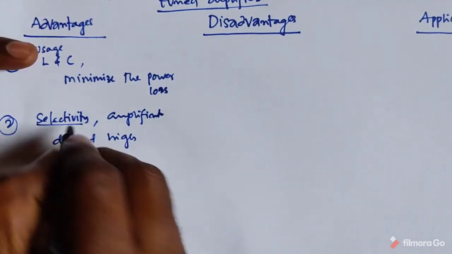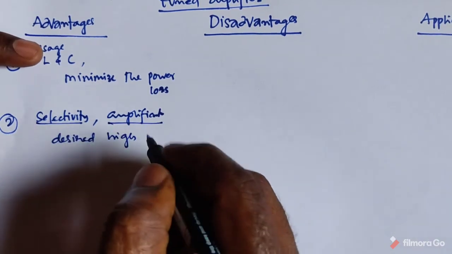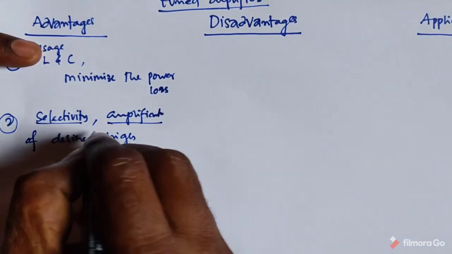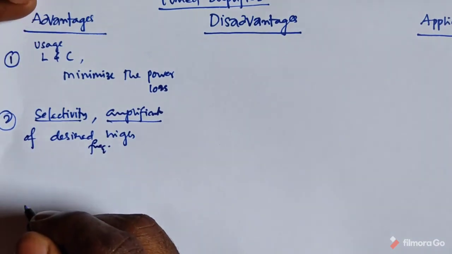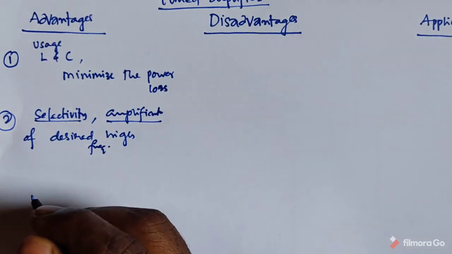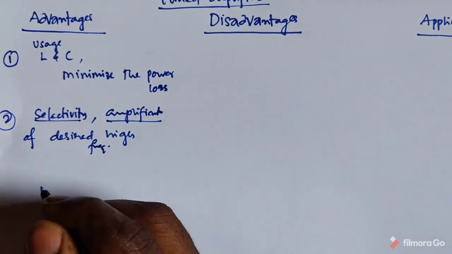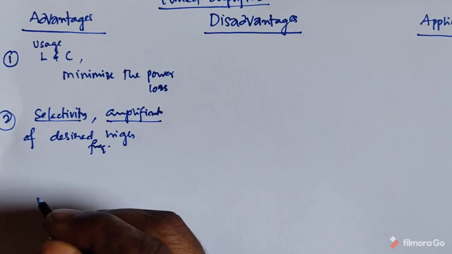Also, a small collector supply VCC is needed, because of the resonance in parallel tank circuits. That is the main application of this.